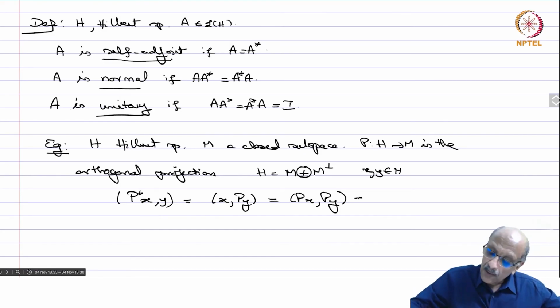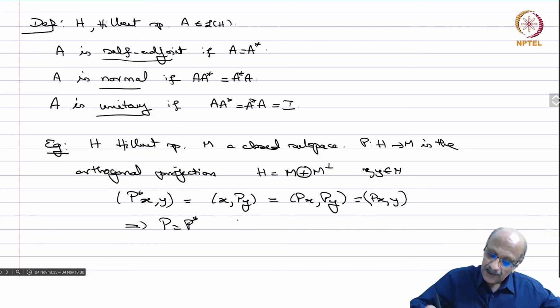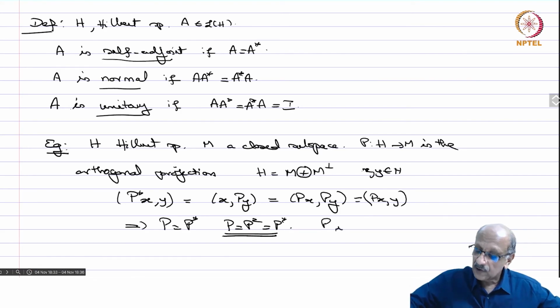So now Px, Py is nothing but Px, y, because again by repeated application of the definition of orthogonal projection, Px now belongs to M. This means that for all x and y this is true, so P equals P star, and of course P is a projection, therefore P equals P square equals P star. So P is self-adjoint.